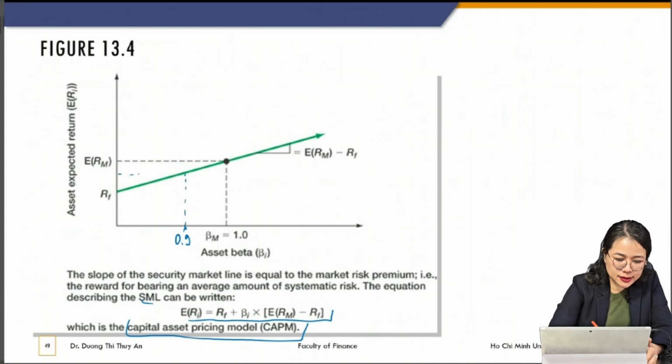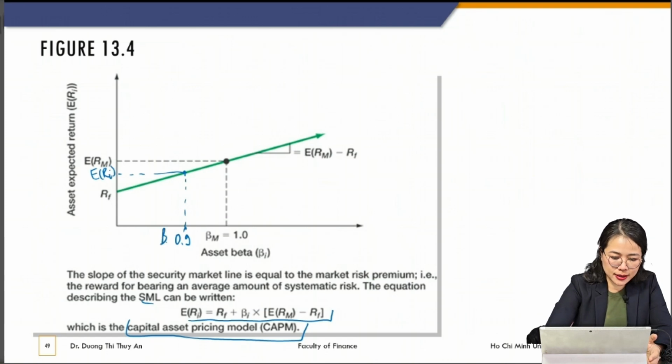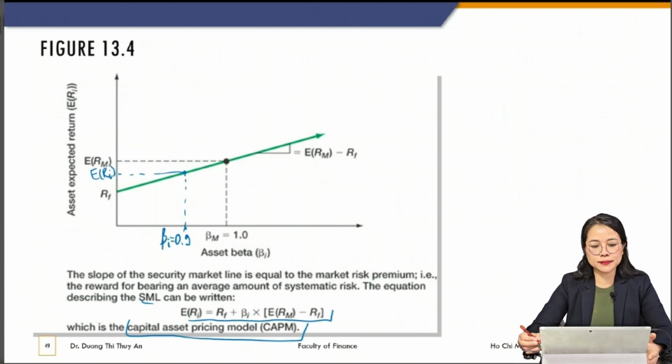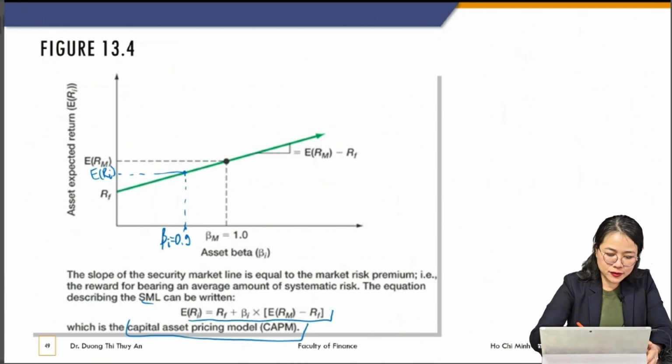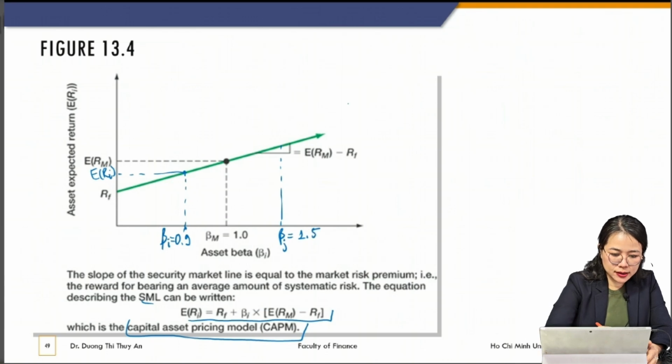So you have the expected return, this is the expected return of stock I, with beta I equal to 0.9. And if a stock has a higher beta, for example beta of stock J is 1.5, then this should be the expected return of stock J.